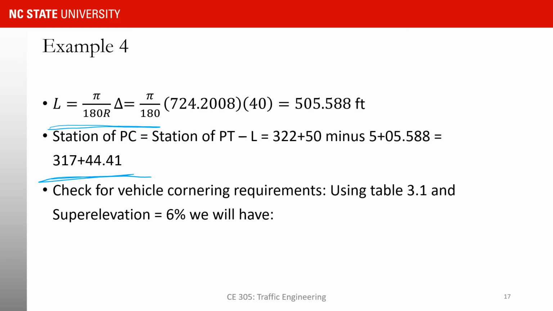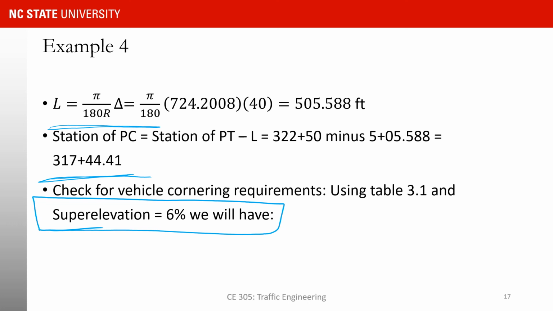And now we are going to check for vehicle cornering requirements. And we go to table 3.1, and we know that the super elevation is 6%. That was given to us. Okay?